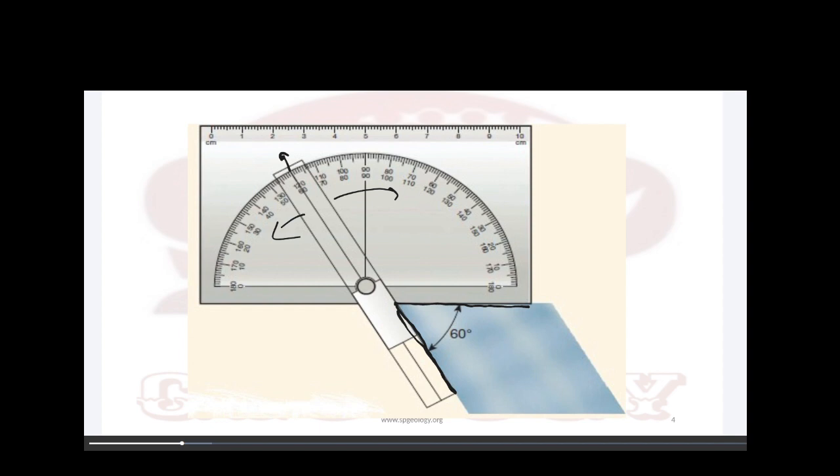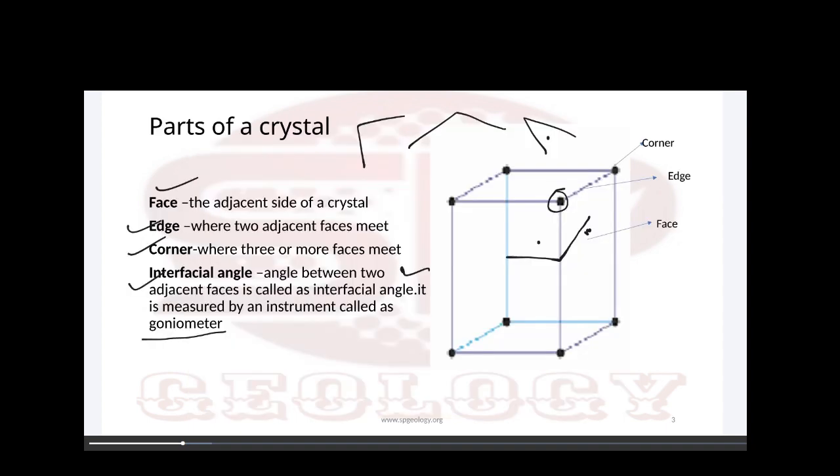So this is your contact goniometer. The adjacent side of the crystal is the face, where two adjacent faces meet it will be your edge, and where three or more faces meet, that will be your corner.